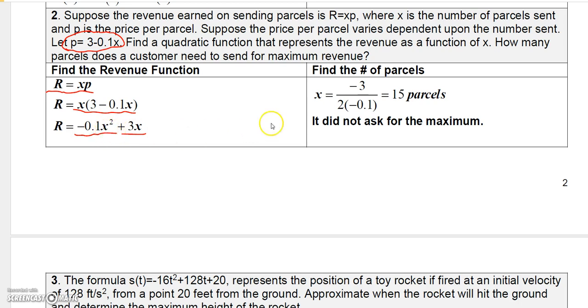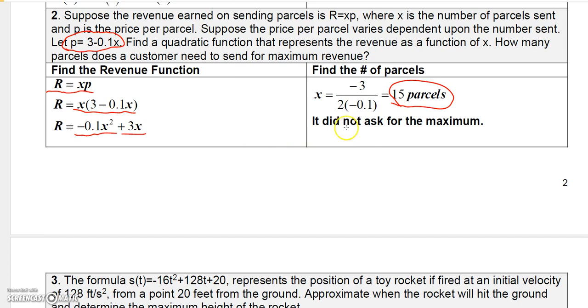So let's find the x value by using our vertex formula minus b over 2a. And since b is 3, we'd have minus 3 over 2 times a, and a is negative 0.1. And then if you grab your calculator, minus 3 divided by 2 times negative 0.1 gives you 15. So we would actually have 15 parcels.